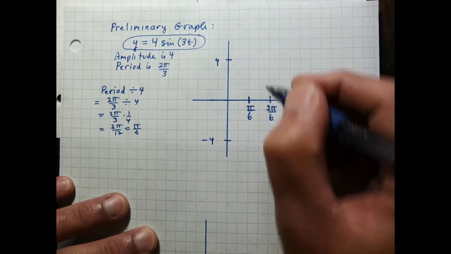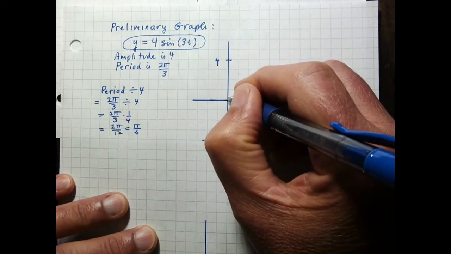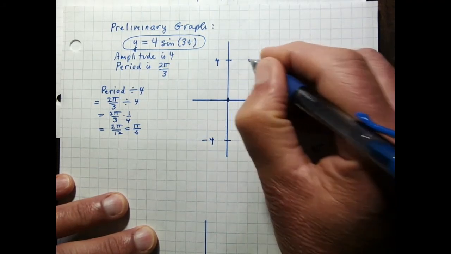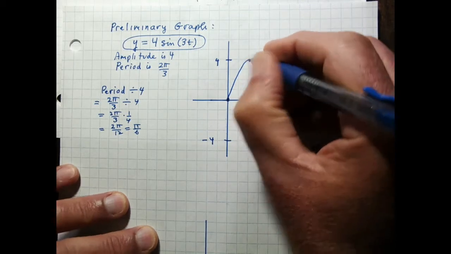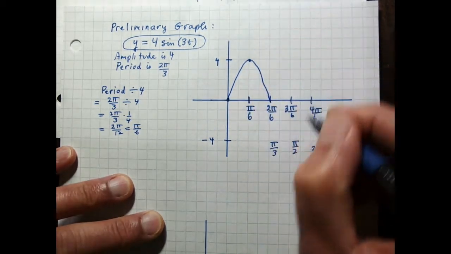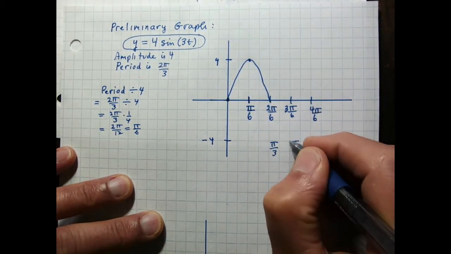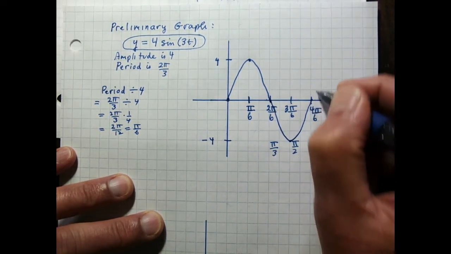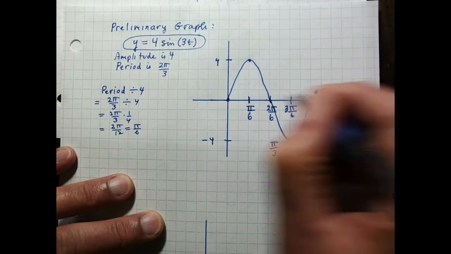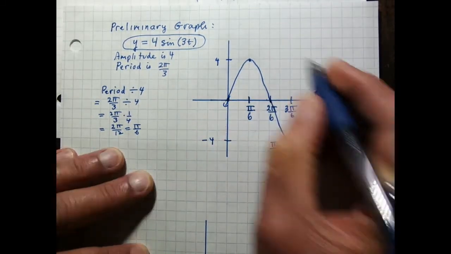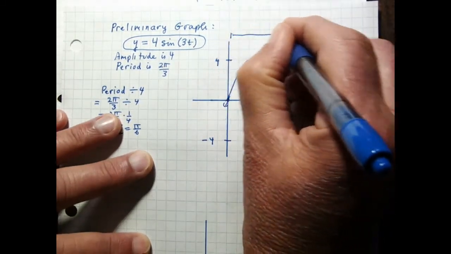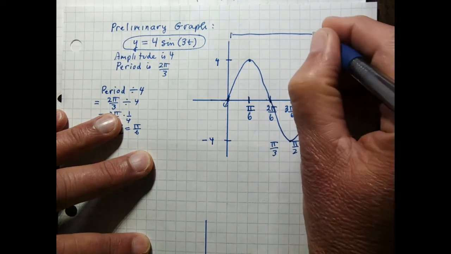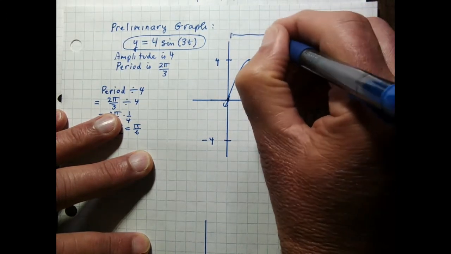And this is a sine graph, so I know I start at 0, go up to the high point, back down to 0, down to the low point at negative 4, and back to 0. There's one period, one cycle, right? One period.